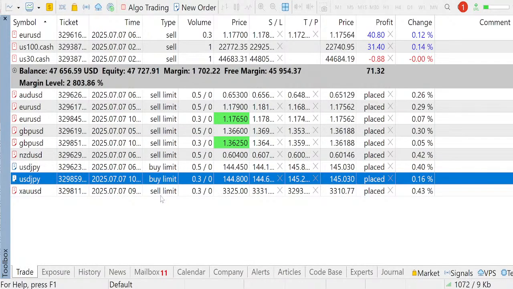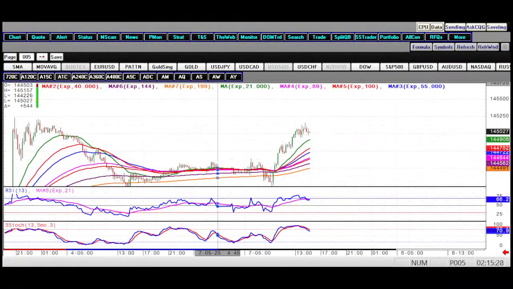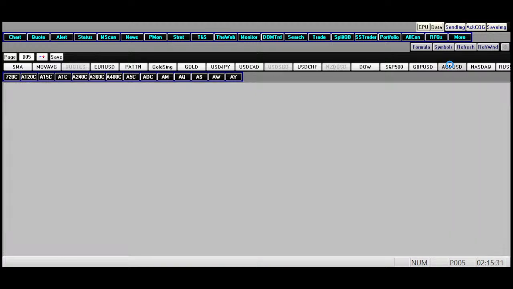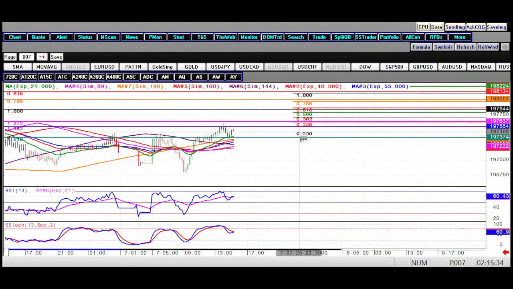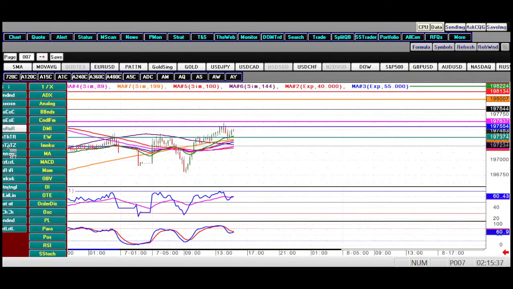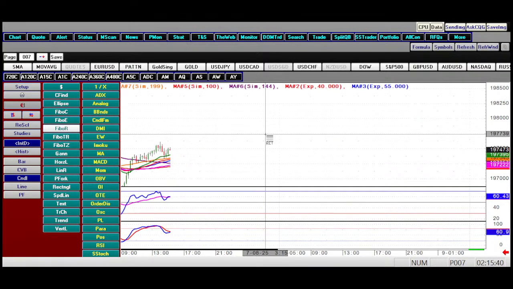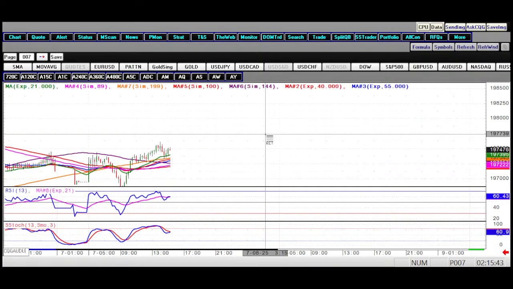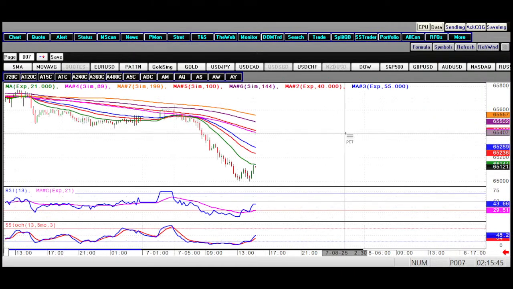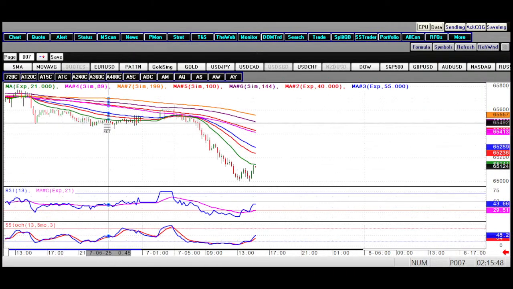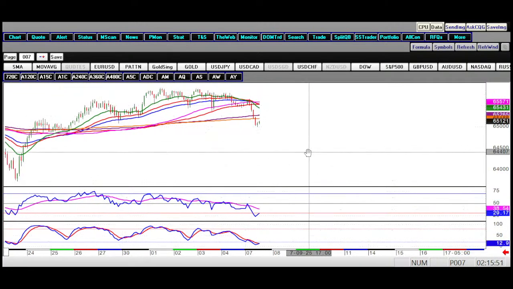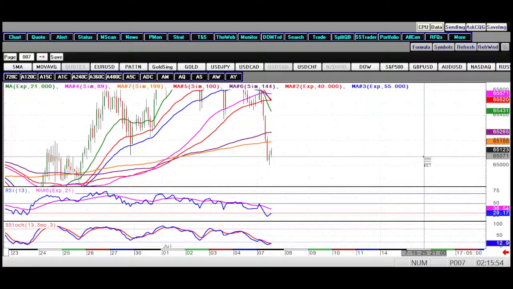Then the next, we look into Aussie and New Zealand. Then finally we look into gold. Looking into Aussie, right now I think we are seeing some pullback.